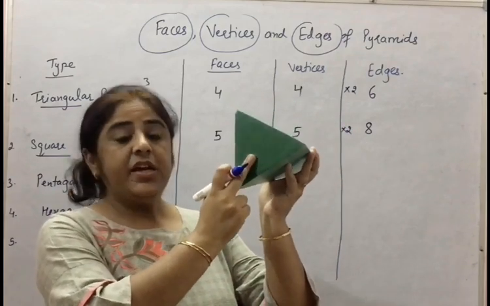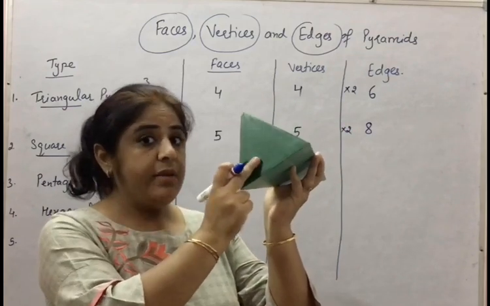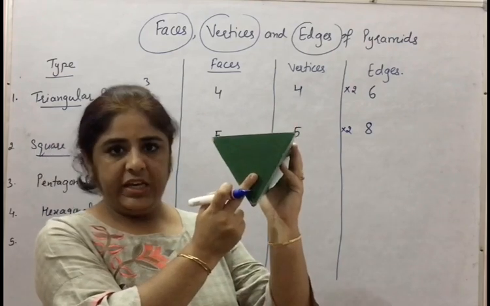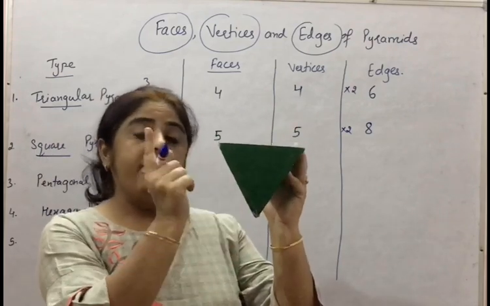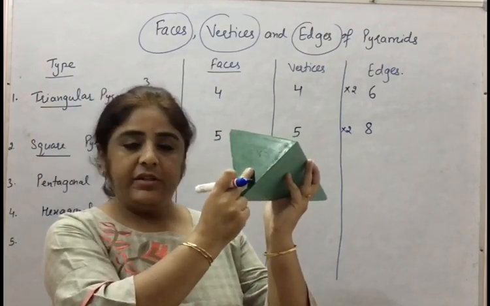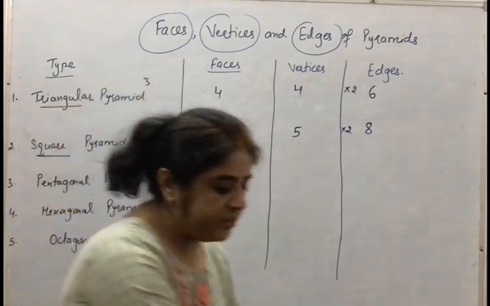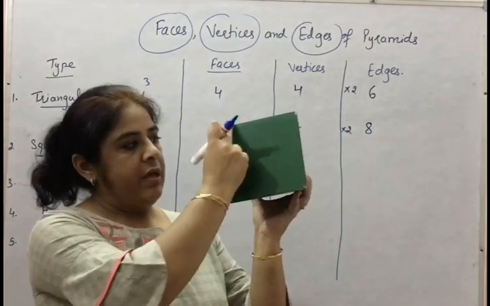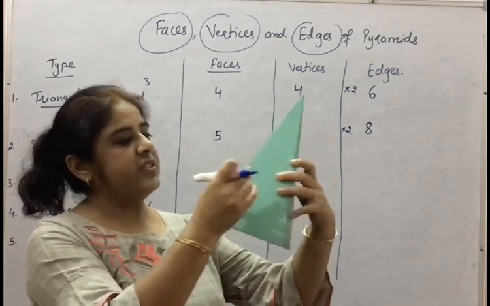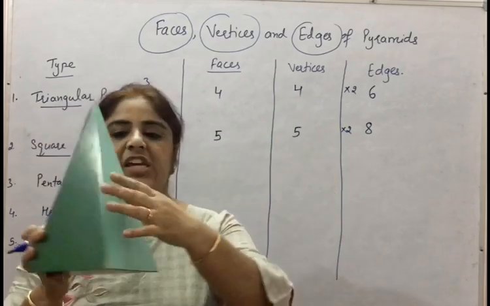Now we will go with its faces. If the base is a triangle, that means 3. 3 faces would be here and 1 will be here. So the total would be 1 more than the number of sides at that base. You can observe it in the square pyramid. 4 sides, 1 would be here and 4 faces here. 1, 2, 3 and 4.